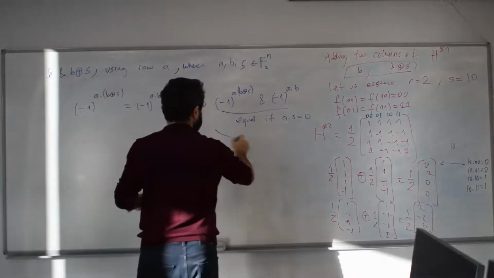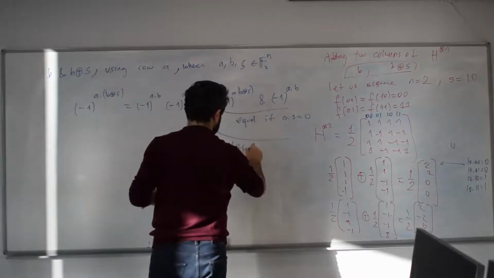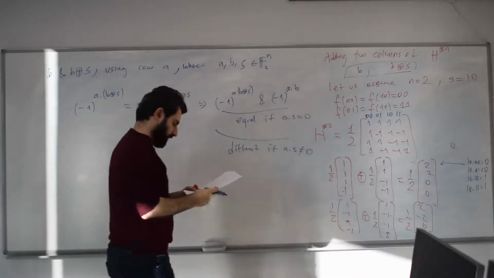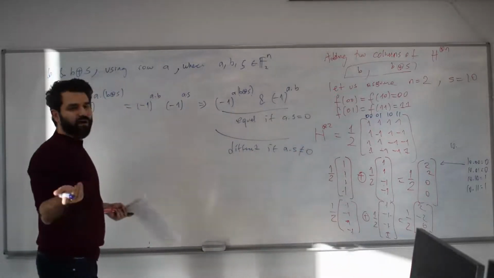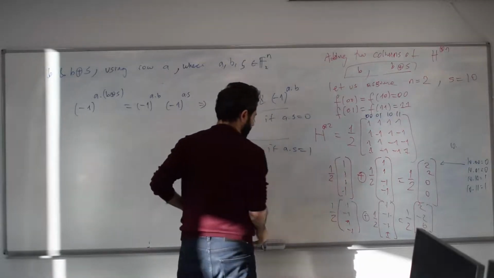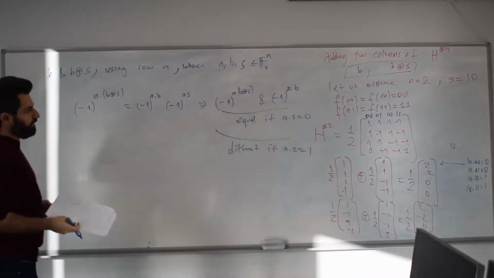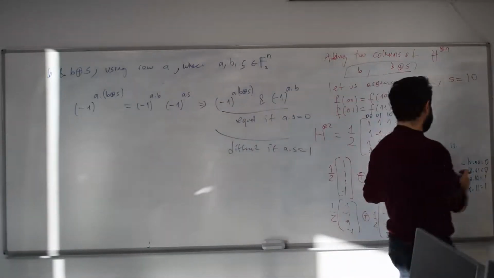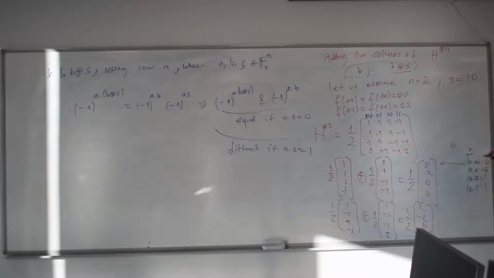And they are different if A dot S is not 0, in other words, 1. That's the observation we have here. This is S, and these are A's, by the way.